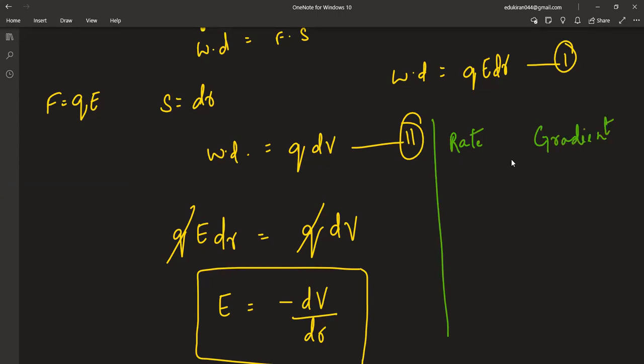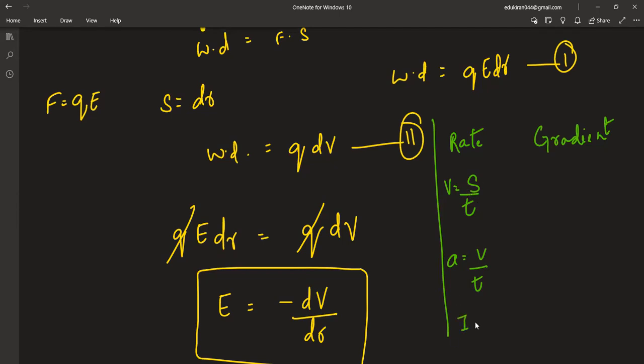See, if any quantity changes with respect to time, like in class 11th, you must have done velocity is rate of change of displacement. Displacement is being changed with respect to time. Or acceleration is rate of change of velocity, change in velocity with respect to time. So for these terms, we use the term rate, something that is changing with respect to time.